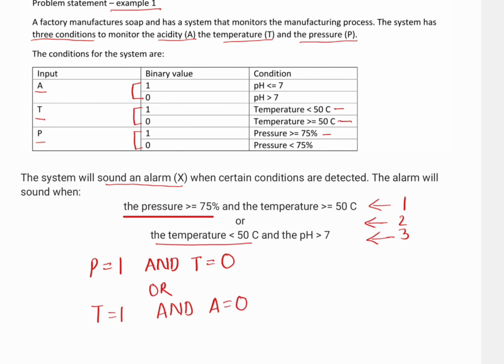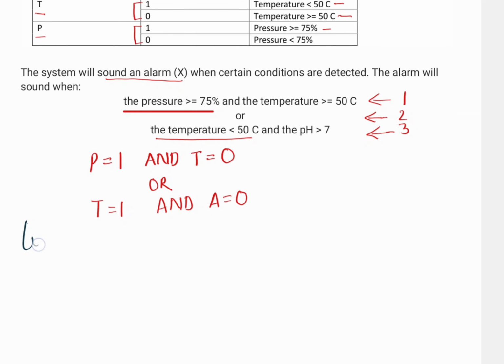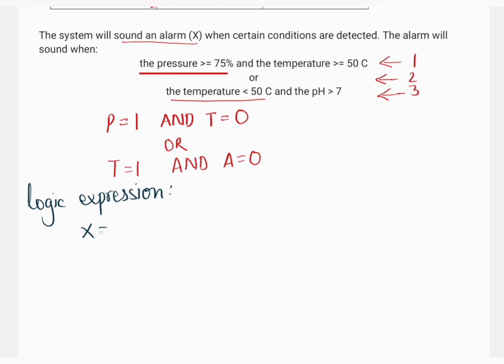Now let's try to write the logic expression. So the logic expression says X is equal to P is equal to 1 and T is equal to 0. We have to write the OR gate. And then the second statement, T is equal to 1 and A is equal to 0.